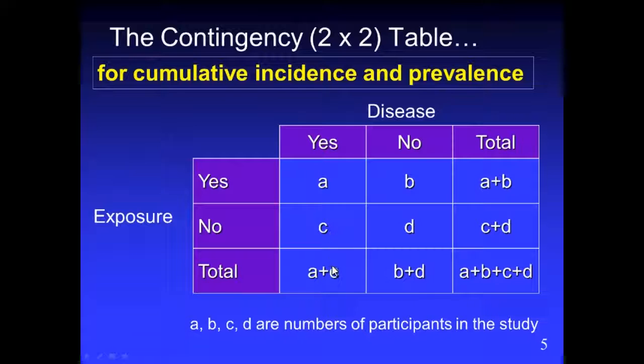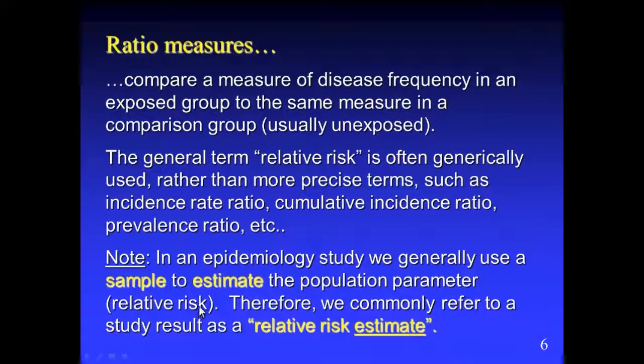Then we have the column totals and the row totals. This form of contingency table is commonly used for cumulative incidence and prevalence, which I've already talked about. A, B, C, and D are simply the numbers of people in the study.